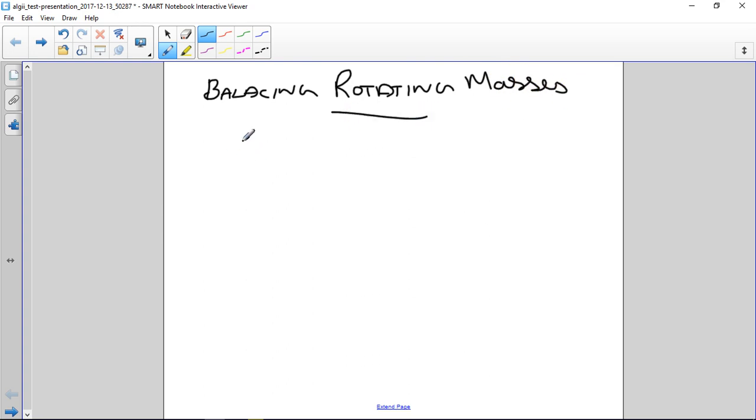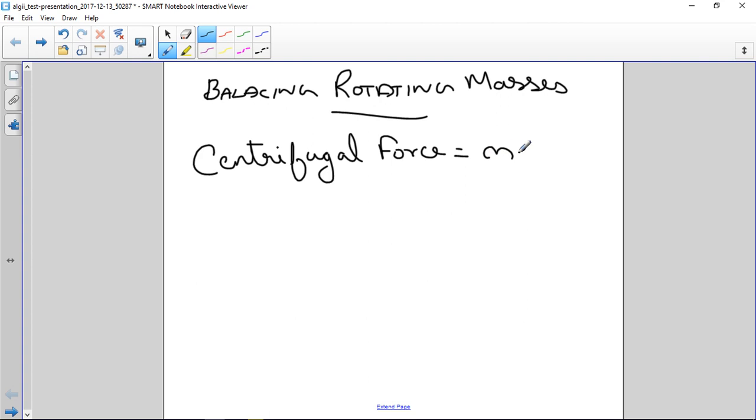In balancing of rotating masses, you should know a few basics, and the most important is centrifugal force, which is equal to m into r into omega square, where m is the mass of a rotating object, r is the radius of rotation, and omega is the angular speed of rotation.